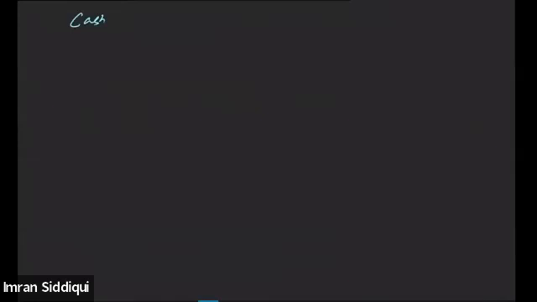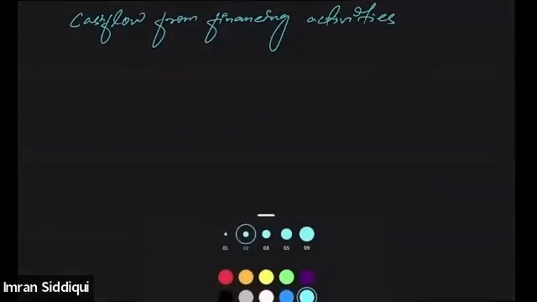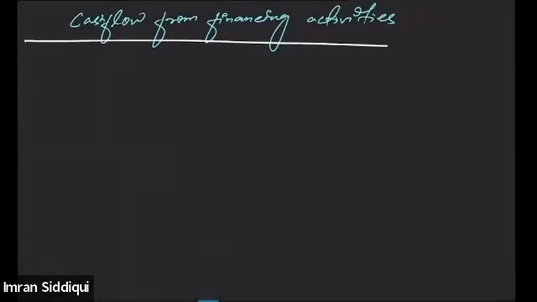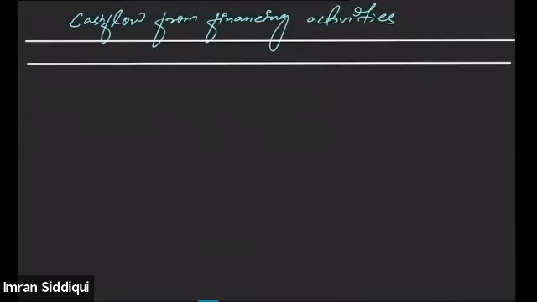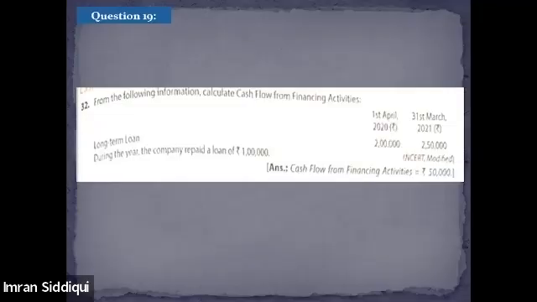You'll have to take the difference. Okay, just wait. I'm showing you how we can solve this question. One thing is very clear from the question: during the year the company repaid a loan of 1 lakh.